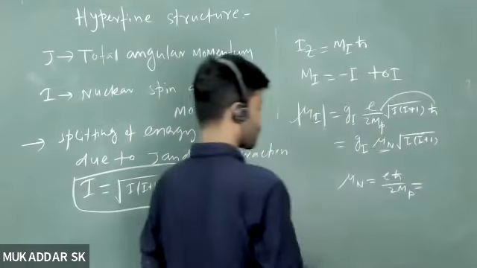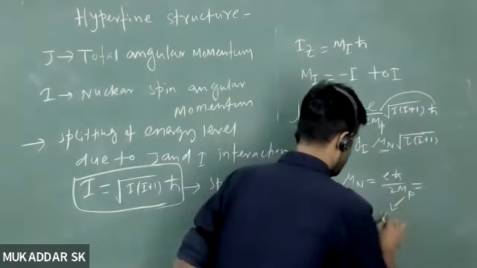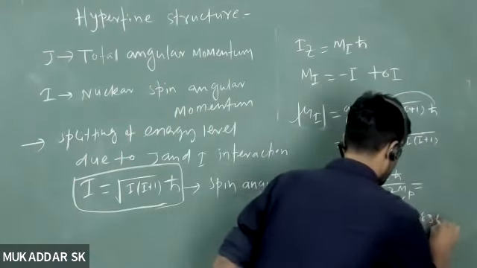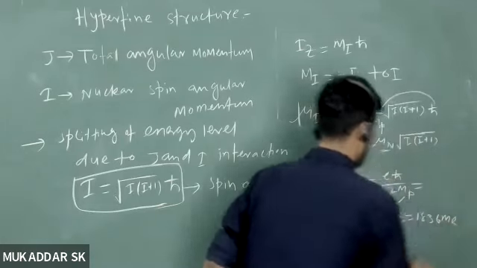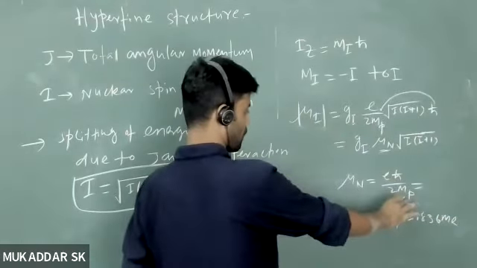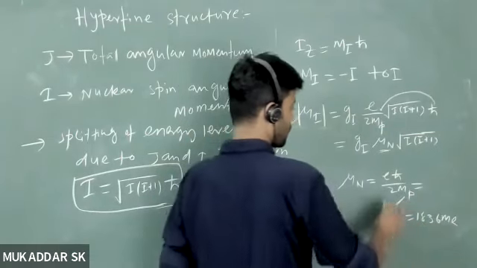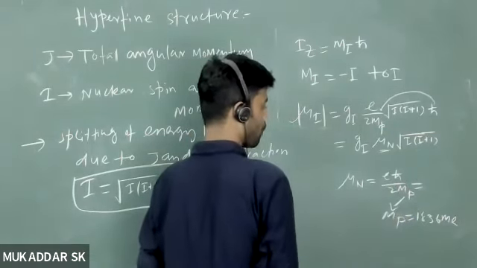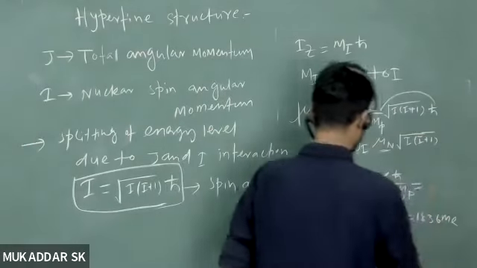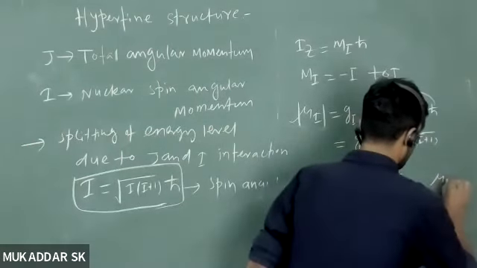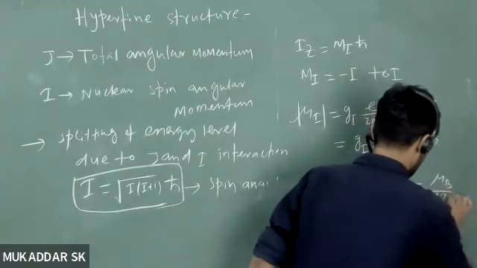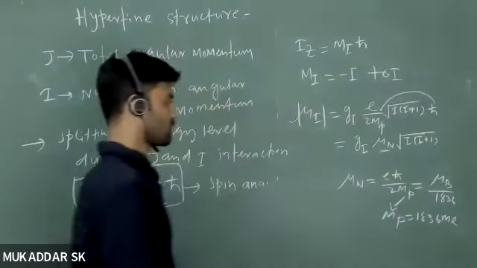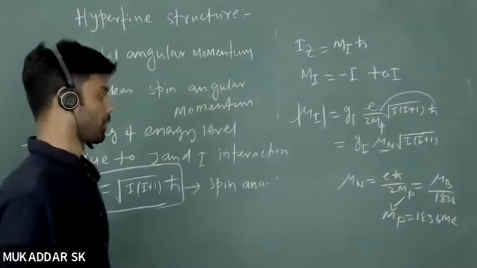Mp is nothing but 1836 times the mass of electron. So if you substitute Me in place of Mp, then e H cross by twice Me will provide you the Bohr magneton. So basically mu n will be Bohr magneton divided by 1836. This is the relation between mu n and mu B.